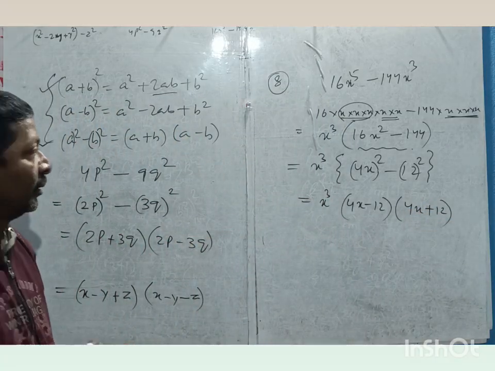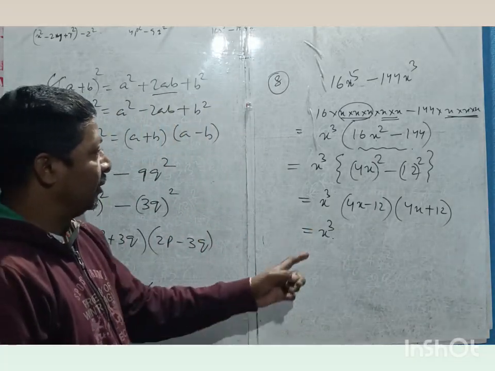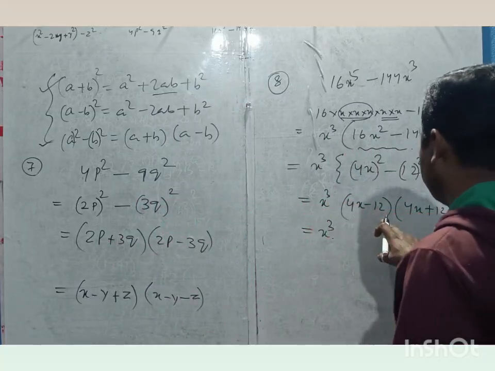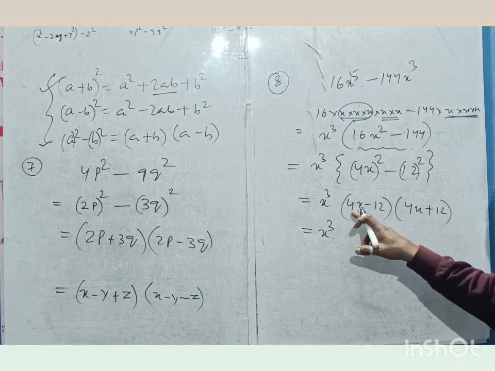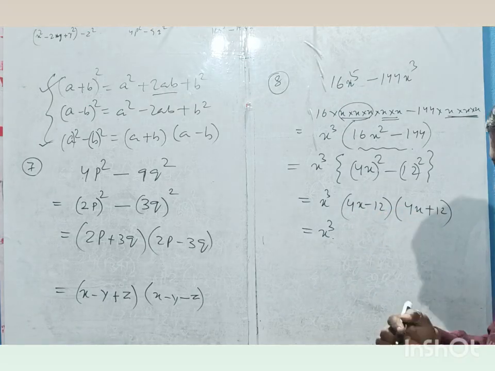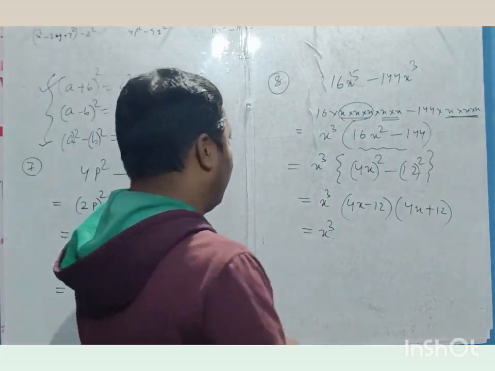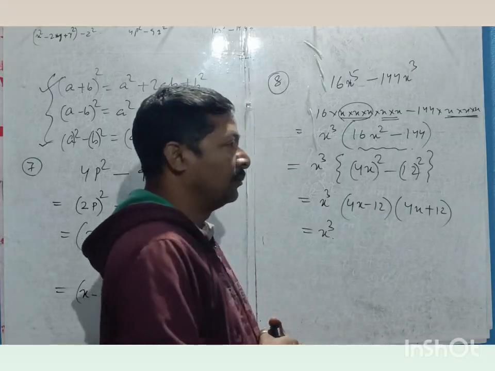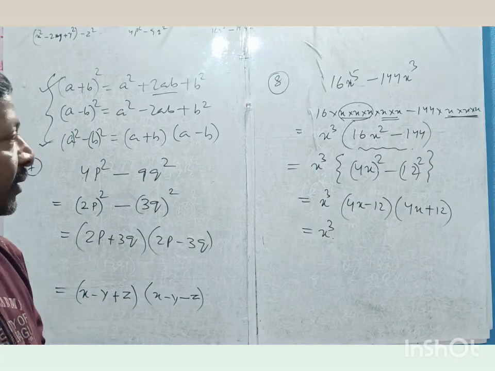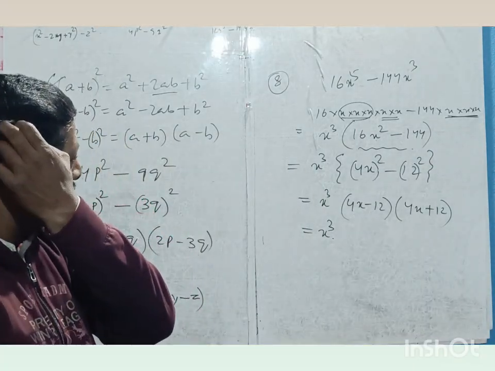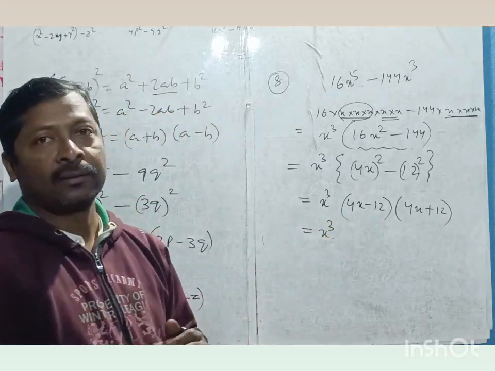Okay, so x^3 is there. This can be factorized again, because 4 is there to take common. If there is something common, always take it out. 4x minus 12 is not in the simplest form of factorization, because more factors can be taken from this expression.